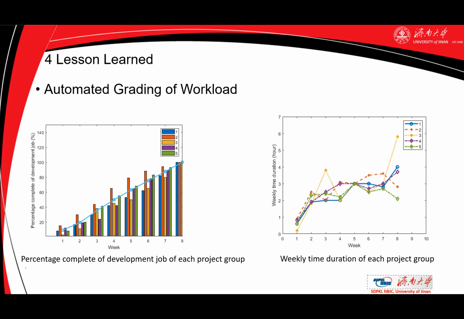We can see that the project completion degree of each group is increasing. Valid time duration of issue is an important factor of workload. Then we analyze the weekly time duration of each project group, as shown in the red figure. There is a general upward trend of weekly workload due to online automated grading.